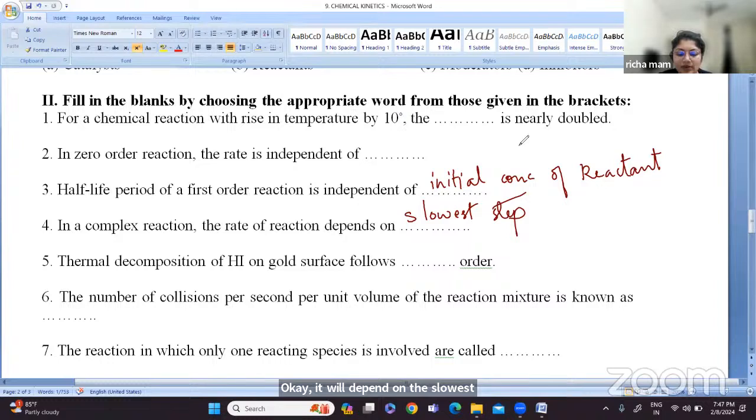Okay. Next question. Thermal decomposition of HI on gold surface follows dash order. Thermal decomposition of hydrogen iodide on the gold surface, it follows which order kinetics, students?